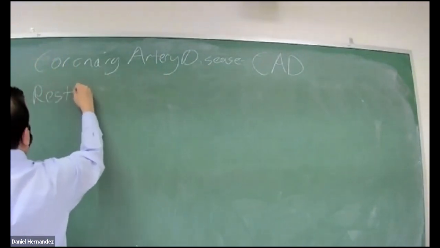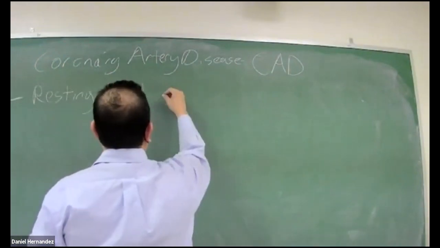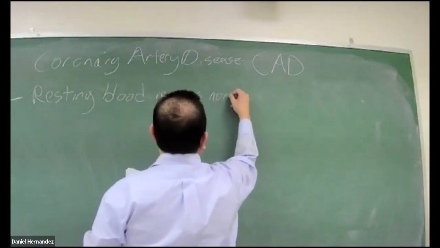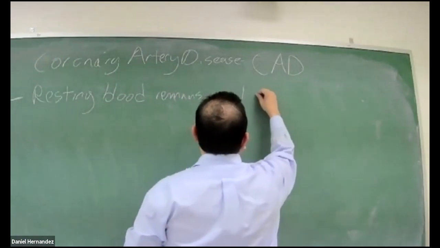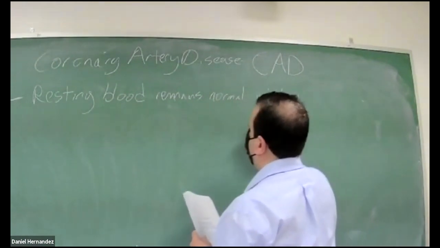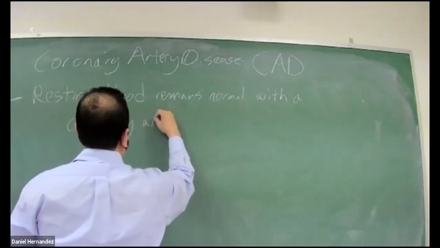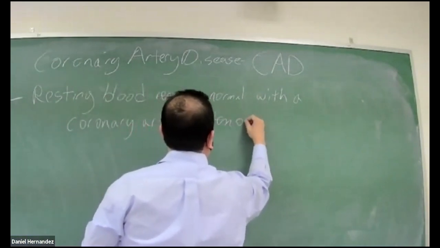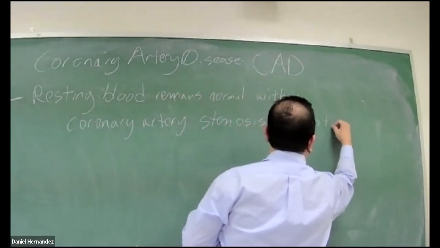So resting blood flow remains normal with a coronary artery stenosis of up to 90%.